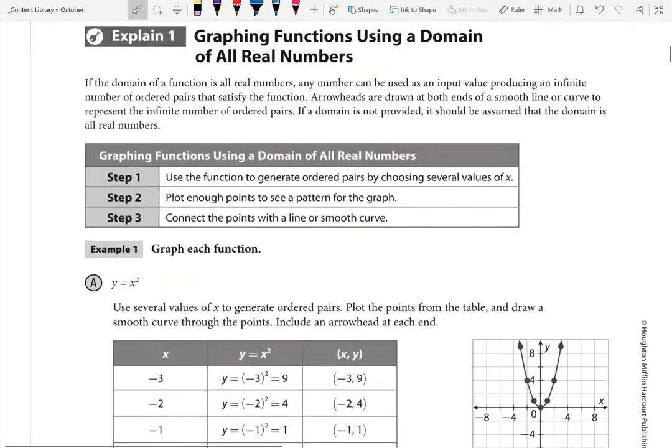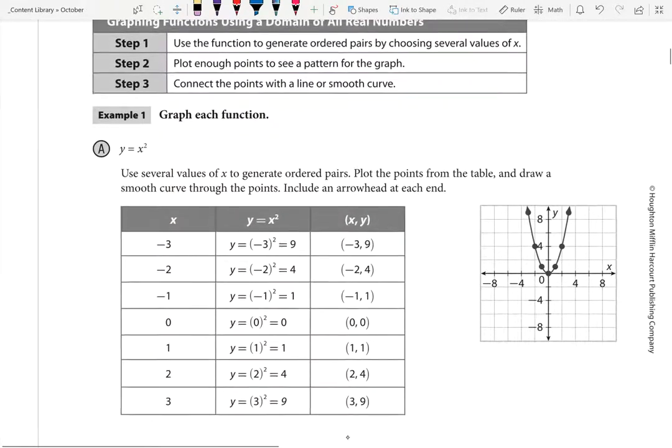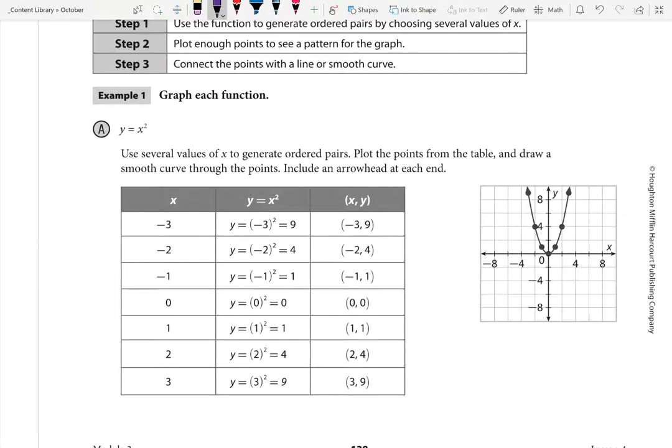So now let's talk about where we're really going with this. Okay, so if the domain of a function is all real numbers, any number can be used as an input value. This one's already worked out for you, but let me talk you through what the plan of action is for each of these problems.